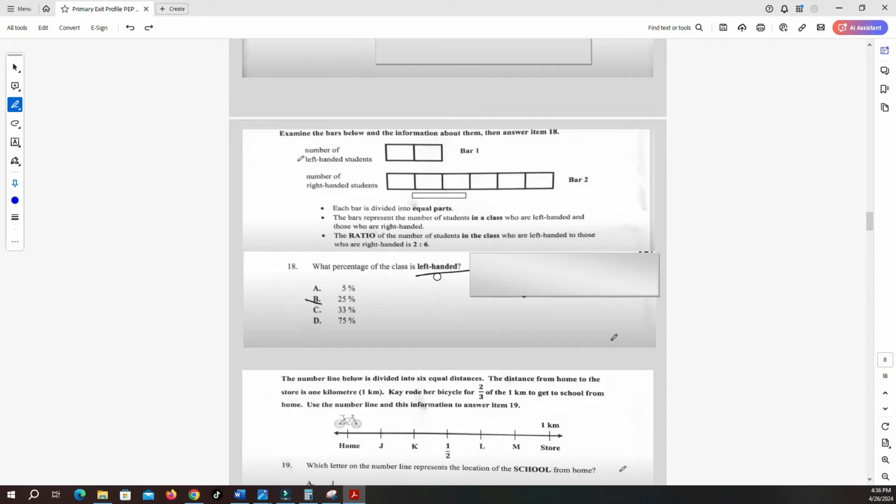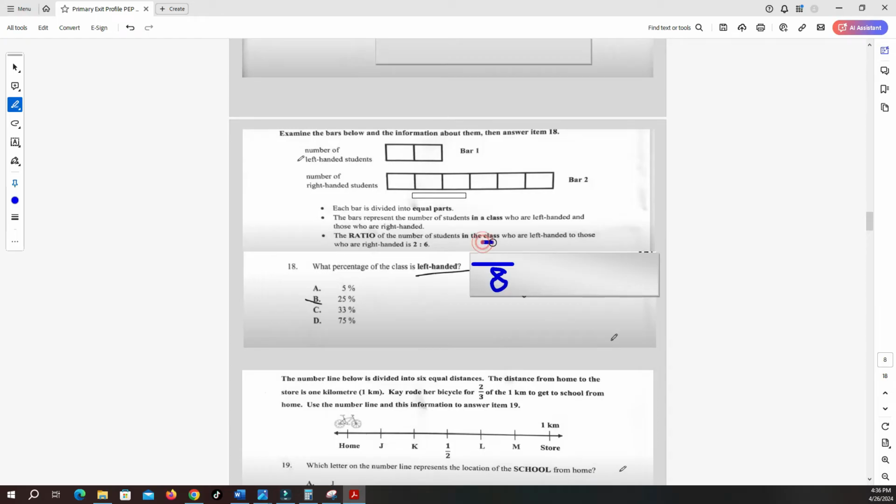Okay, so what percentage of the class is left-handed? We know that left-handed is 2 bars here, and 2, 4, 6 is right-handed. So how do we do this now? We know that the total class is 8, so our denominator is 8, and we have 2 persons that are left-handed.